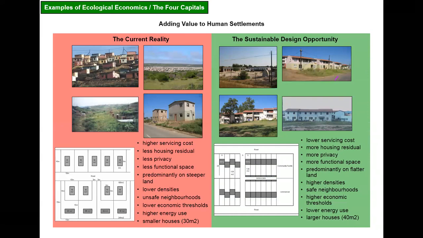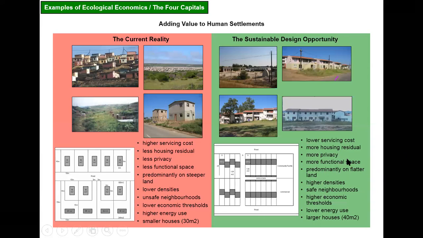Remember, going back to the eco-village fundamentals, if you get this planning right, it sets in place a whole lot of other things. So for example, you've got a lower servicing cost if you densify, typically like row houses. You've got more money to spend on a house instead of on road frontage and services.